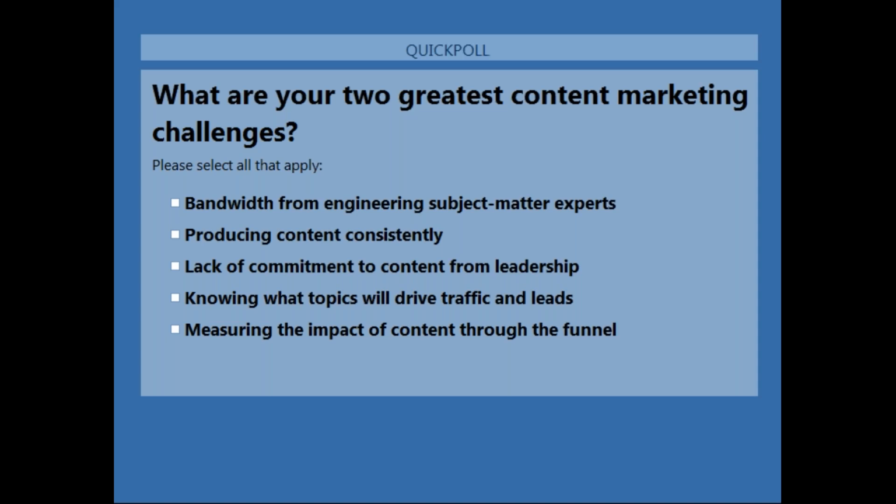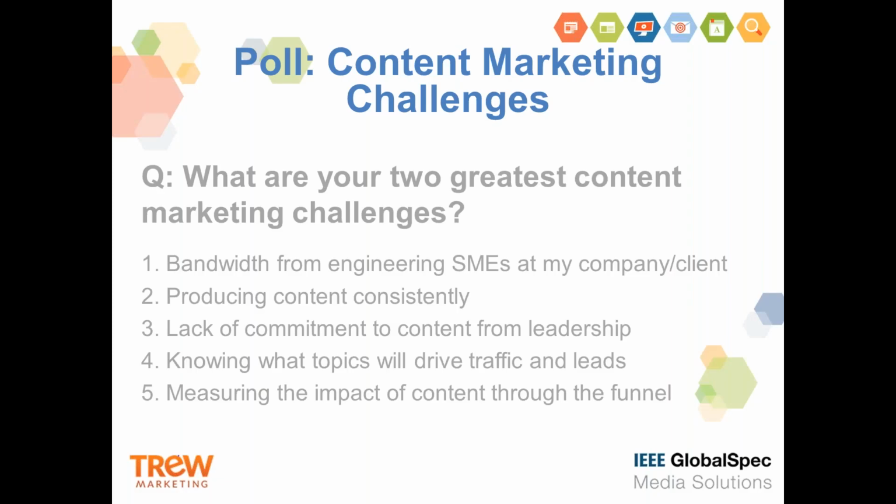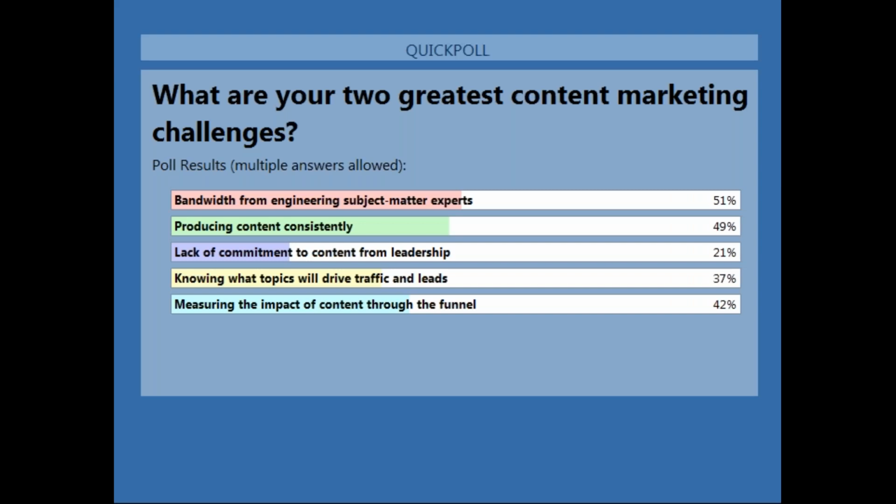All right, we've got 83% voted. So I'm going to call it, close the poll, and share the results with you guys. Here's what we see. It's the top 2: bandwidth from engineering subject matter experts, 51%, and producing content consistently, 49%.